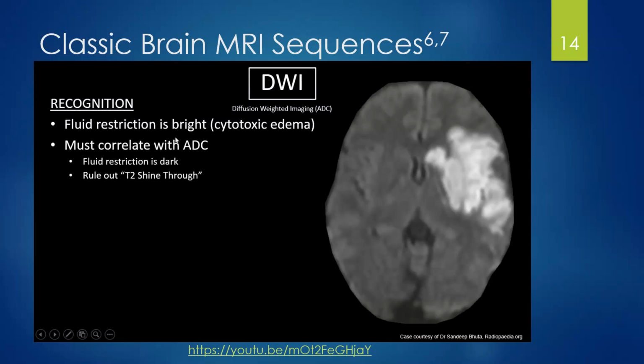Very important, you must correlate these findings with ADC. And ADC stands for apparent diffusion coefficient. The way I like to think about DWI images is as if they were a stack of pancakes. It's multiple images layered on top of each other to give you one image. So one of the images is ADC, which I like to think of as just the raw data.